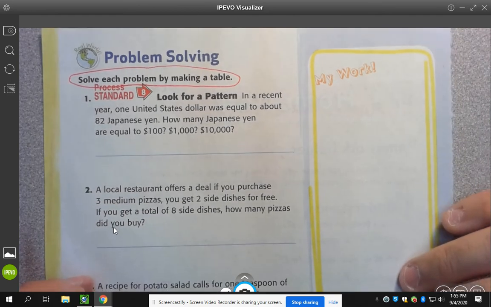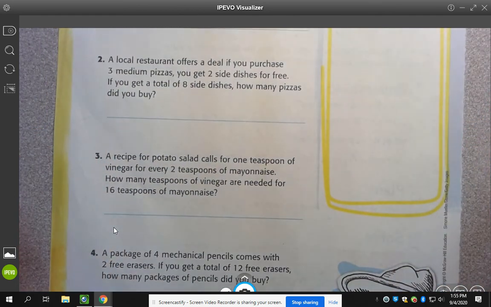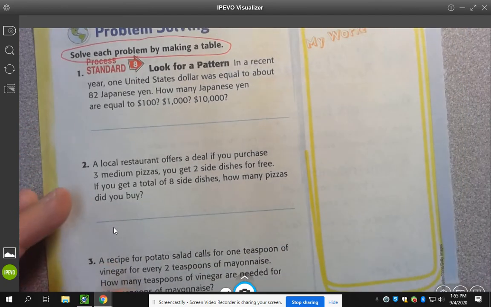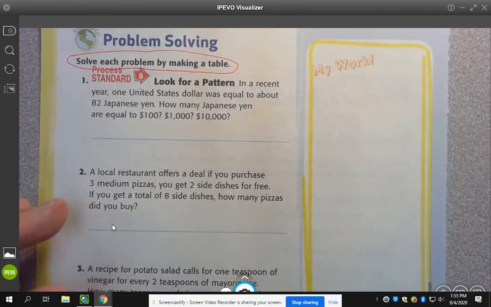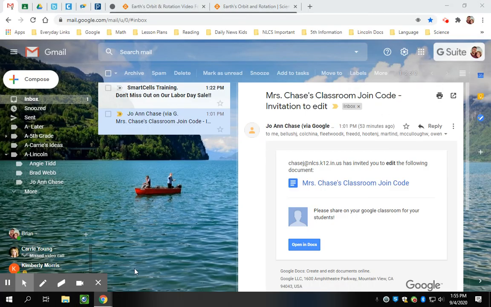Everybody got that? All right. I'm going to give you guys about 10, 15 minutes or so, and then we're going to go ahead and dive into science because we need to get started with the sundial we're going to make. And we need to go check our shadows outside.